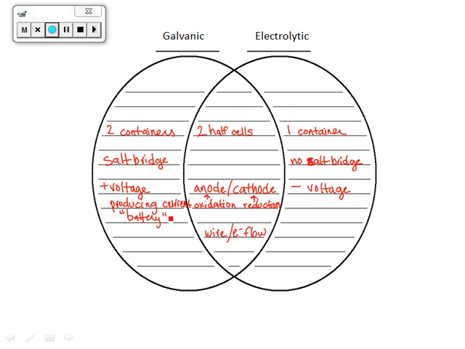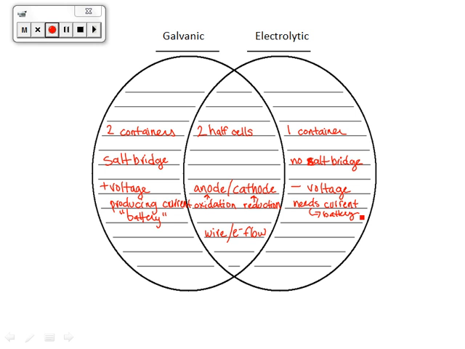Right. In an electrolytic cell, though, it's negative voltage. That means it needs current. Or needs a battery. So to make these work, these electrolytic cells, you got to plug them up either to some source of electricity or to a battery.